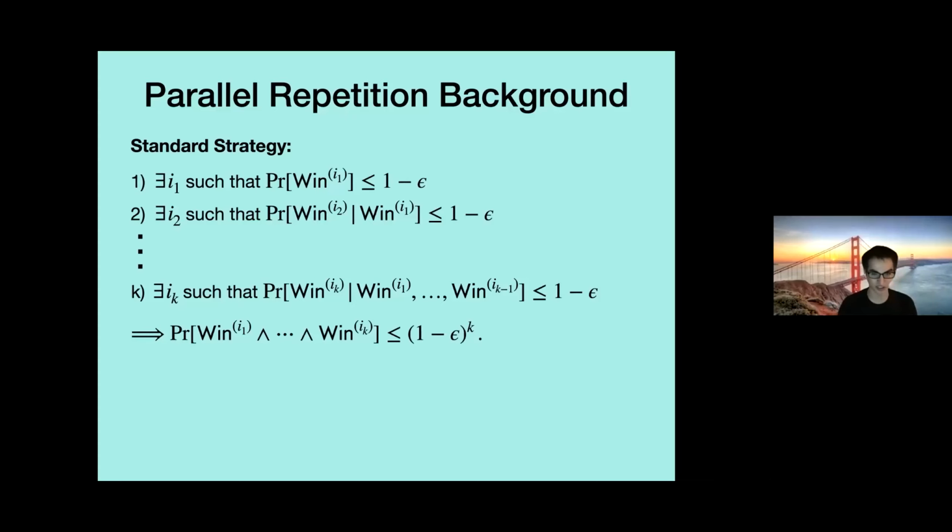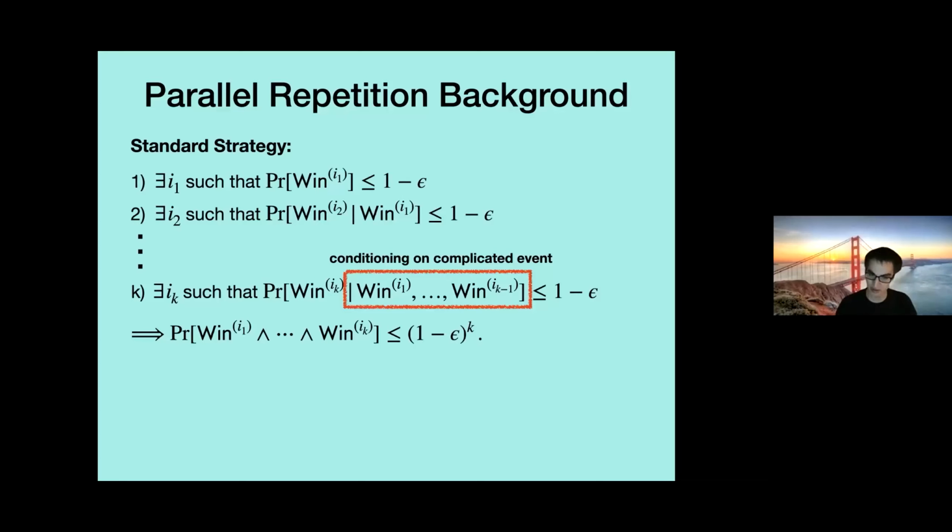The problem, of course, is trying to analyze these tricky conditional probability distributions. The event that you're conditioning on here could be extremely complicated because the event of winning in some set of coordinates depends on the strategy that your players are trying to use, and you're trying to consider all possible strategies. So this is tricky.